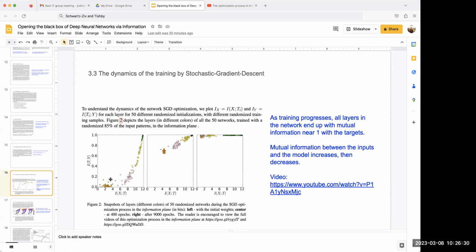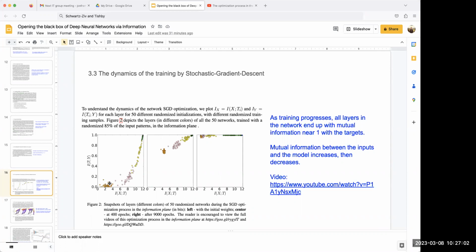Each one of these points represents a single layer from a single model, a single one of those 50 different random initializations. So any point here is color-coded according to the layer, but then within the color-coded clusters, you have 50 different random initializations. So each one of these points represents a single layer from a single model.